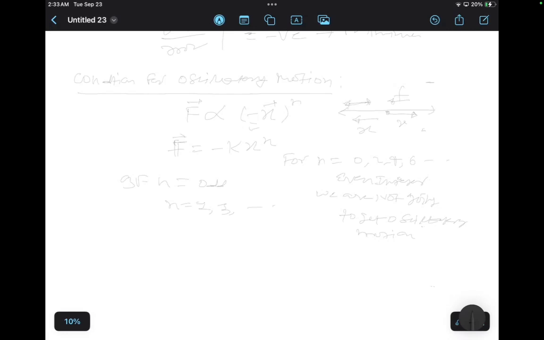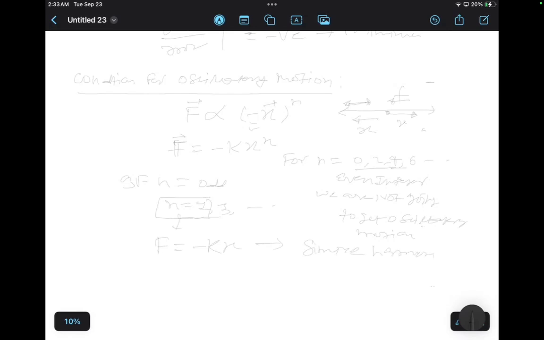So if we have even terms like 0, 2, 4, 6, the particle is not going to perform oscillatory motion. So if n is odd, like 1, 3, for n equal to 1, F is nothing but minus kx, and this condition is known as simple harmonic motion.